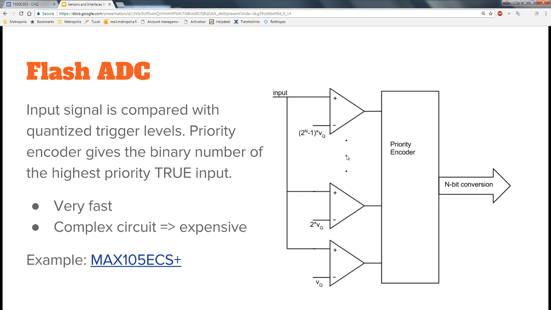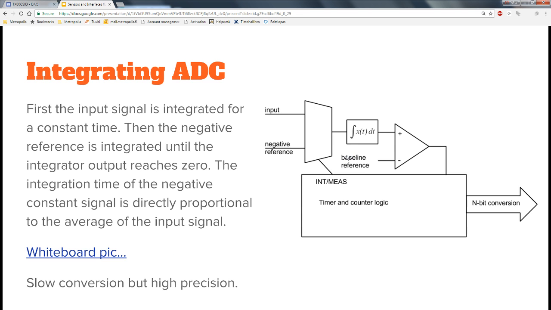The digital part is quite simple, it's a priority encoder. Complex circuit, and those are expensive, but for example radar applications or digital sampling oscilloscopes with higher than 100 mega samples per second use flash A to D conversion because there is nothing else.